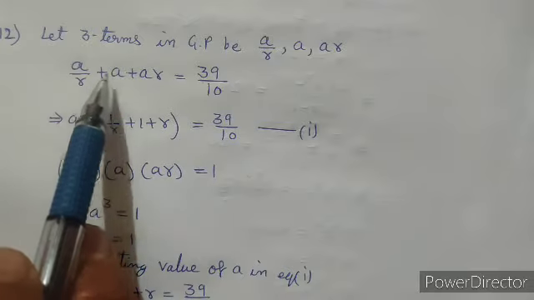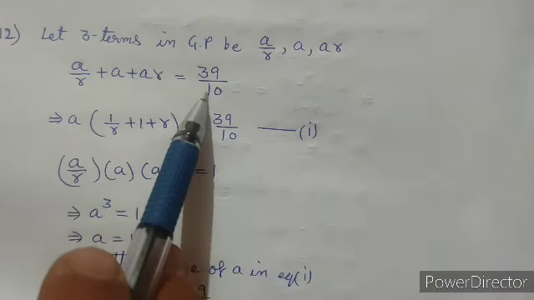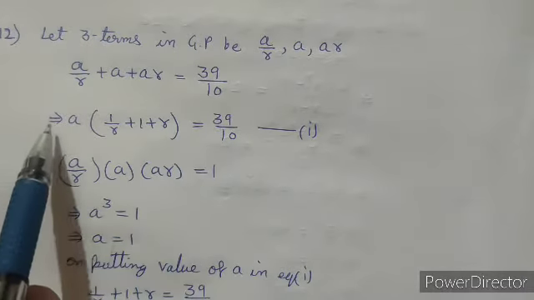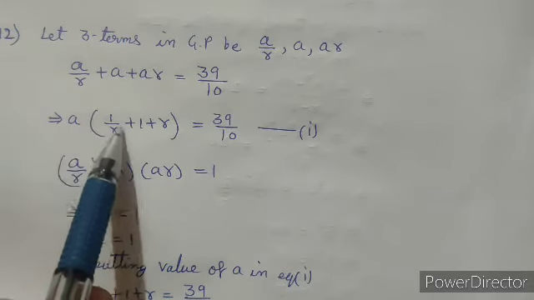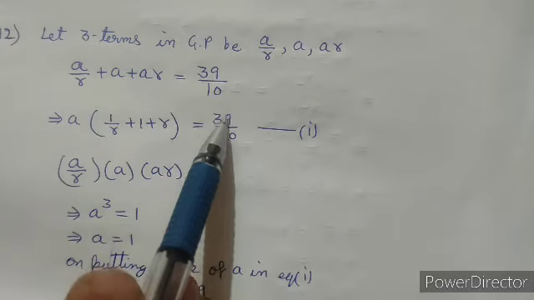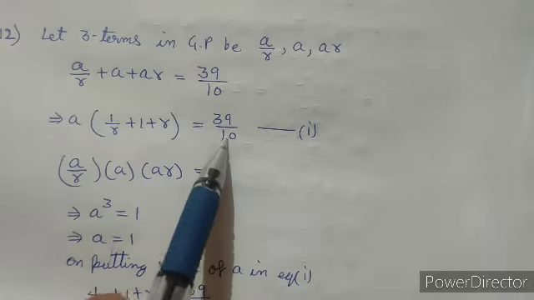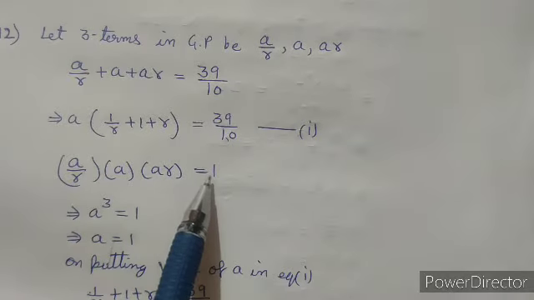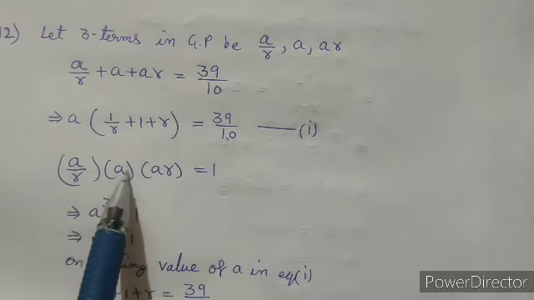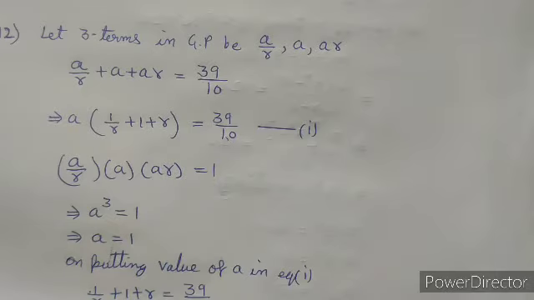Now, the sum of the first three terms of GP is 39 by 10. That means a upon r + a + ar will be 39 upon 10. On taking a as common, we will get a into (1 upon r + 1 + r) equal to 39 by 10. Now the product of three terms in GP is given to us as 1. So a upon r into a into ar will be equal to 1.